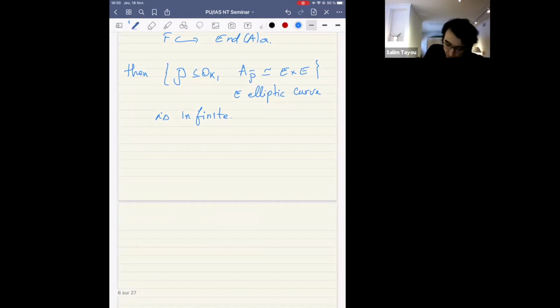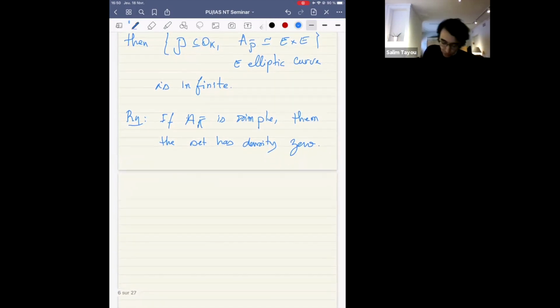Of course, here also the same remark is that if A bar is simple, then the set has density 0. But still, it's an infinite set.